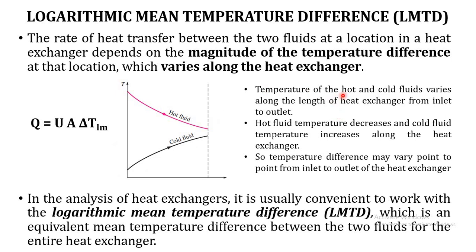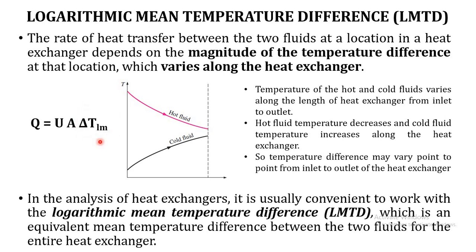The temperature of hot and cold fluids varies along the length of the heat exchanger from inlet to outlet. So the hot fluid temperature decreases and the cold fluid temperature increases along the length of the heat exchanger. So the temperature difference varies point to point from inlet to outlet. So which temperature difference will we take in this equation?